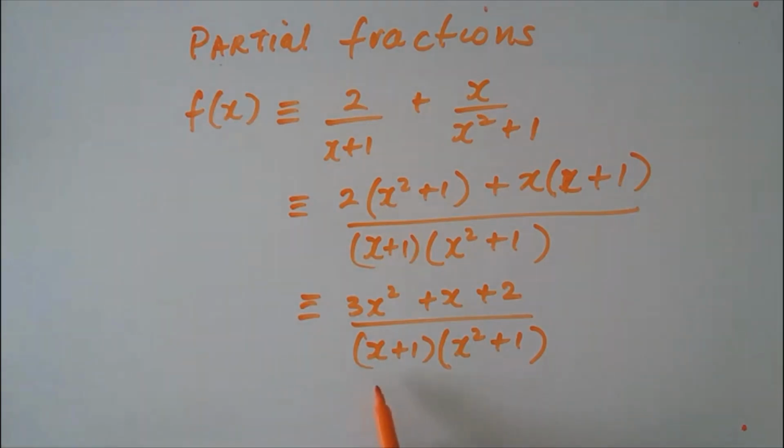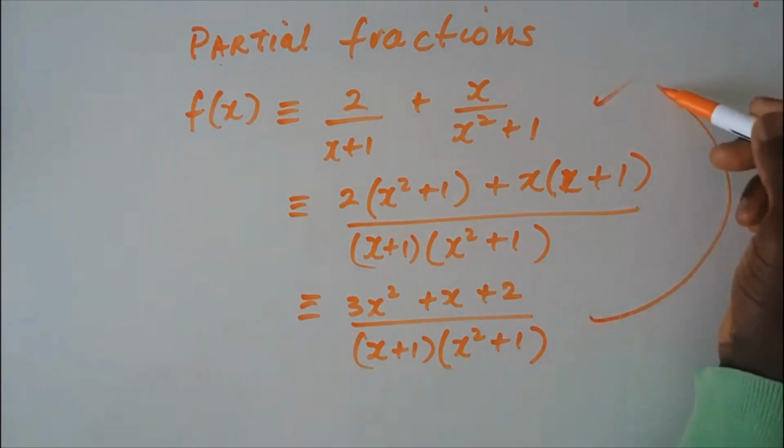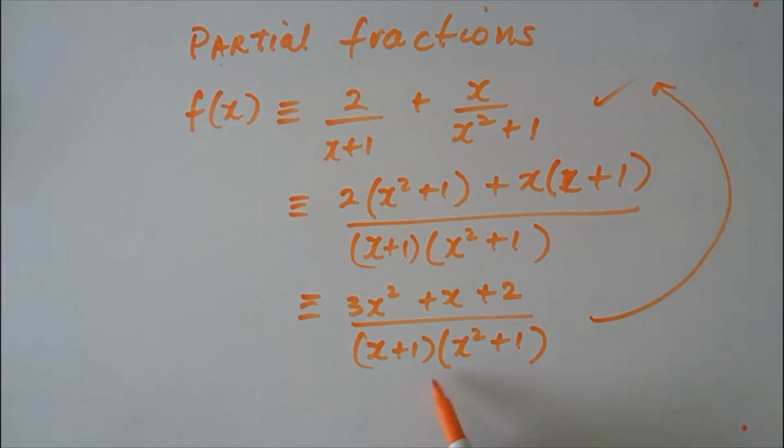So if given a function in this form, being able to express it in this form. So if we can go from this result to what was initially given, this is the concept of partial fractions.